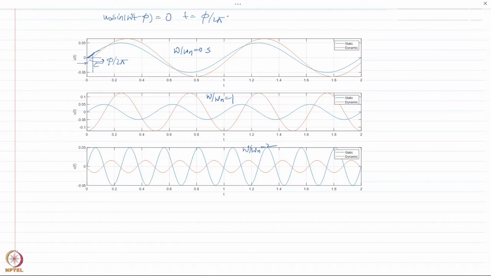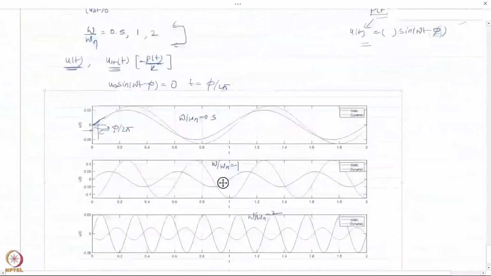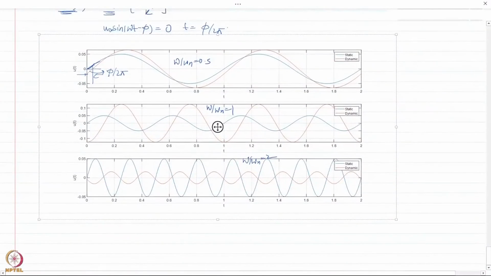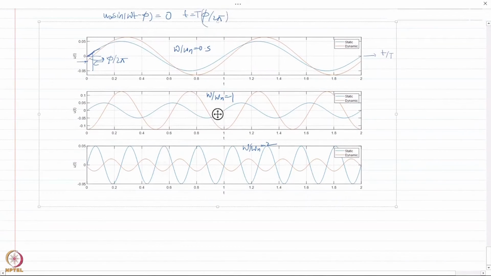Of course, in this case it won't be simply phi divided by 2 pi, you would also have the term capital T here. But if this is represented as t by T, then it would have been phi divided by 2 pi. Similarly, here you can see that it is lagging just a little bit in the same direction.